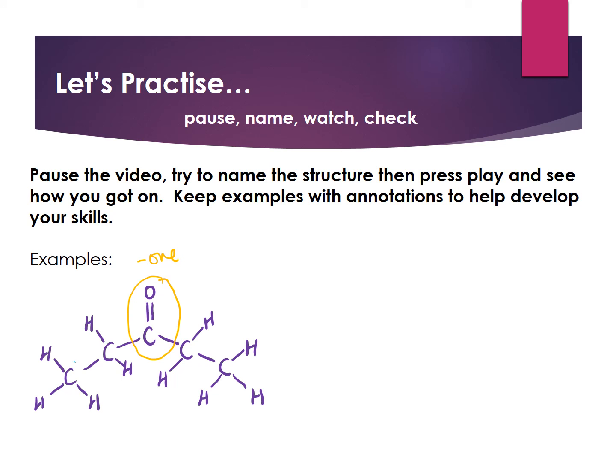Here we've got 1, 2, 3, 4, 5 carbons, and it's important that we notice that that C double bond O is on the 3rd carbon in, and so the correct name of this one, pentan-3-one. 5 carbons in the longest chain, 1, 2, 3, 4, 5 like so, and on that 3rd carbon the C double bond O, just like that.